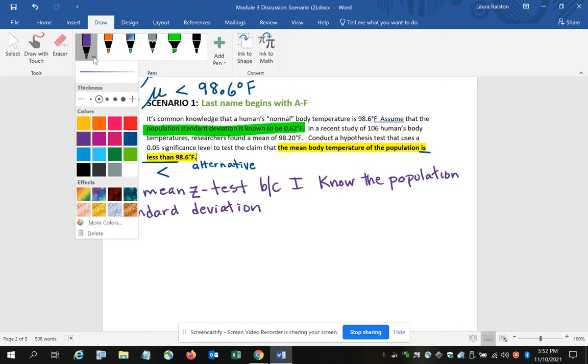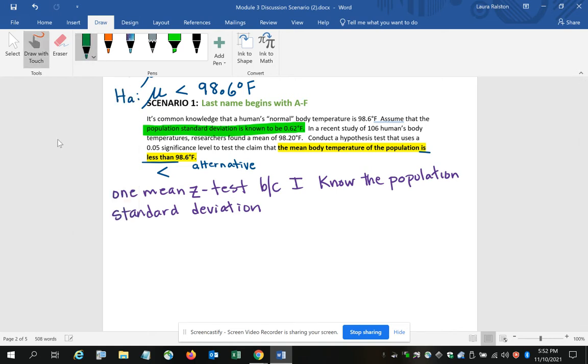Then I'm ready because I know that I'm doing a one mean z test. That tells me what information I need. To do a one mean z test, I need the population mean, I need the population or known standard deviation. Minitab uses the word known.